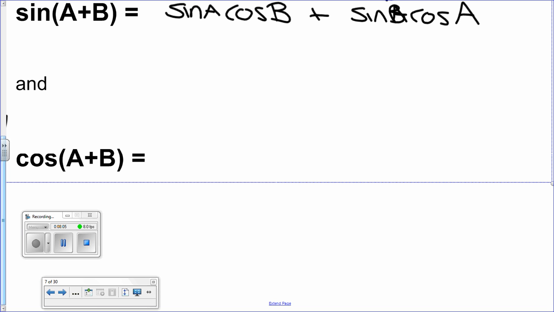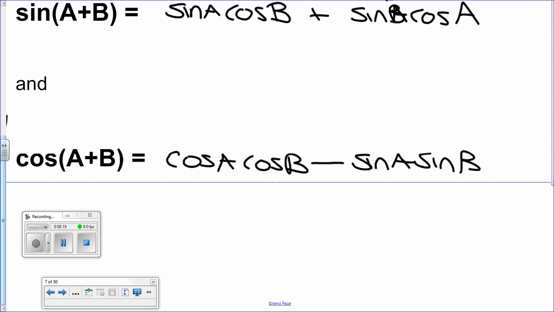Yeah, just switch the order. Cosine A, cosine B, minus sine A, sine B. Now they're all familiar? Okay, well, yeah, a little more reference.